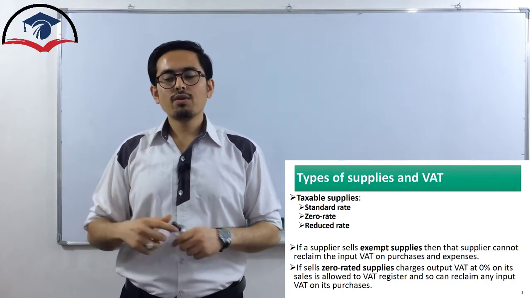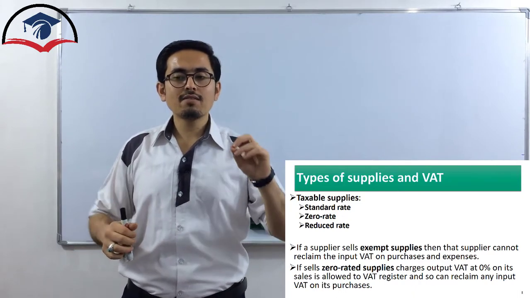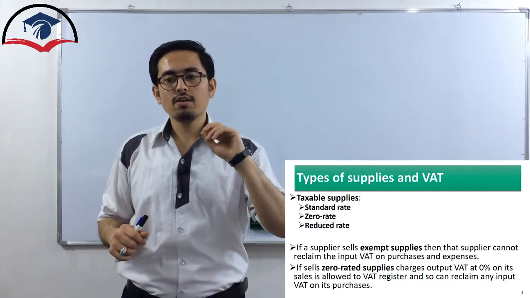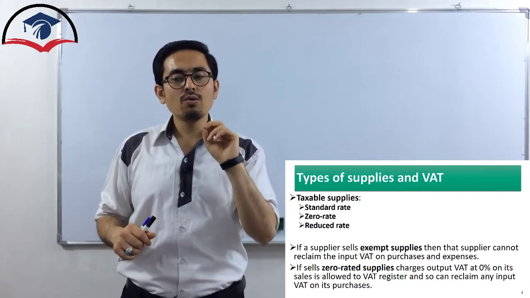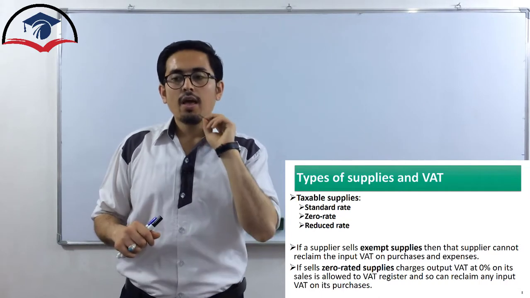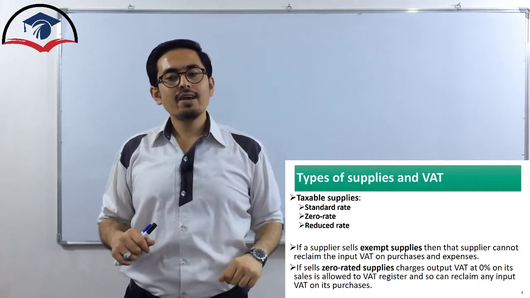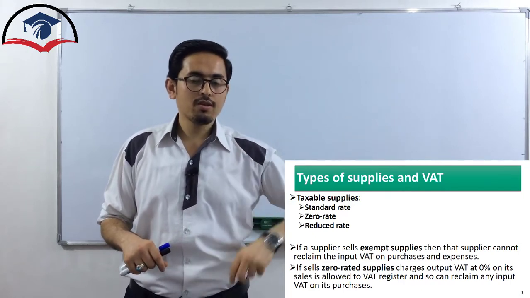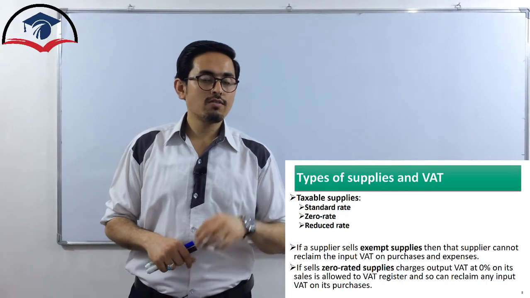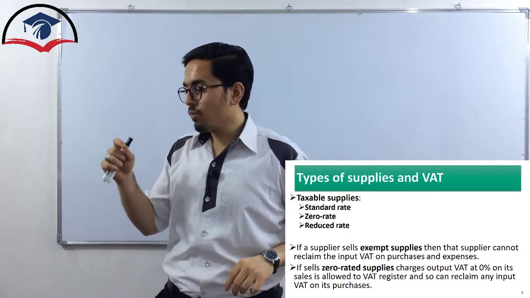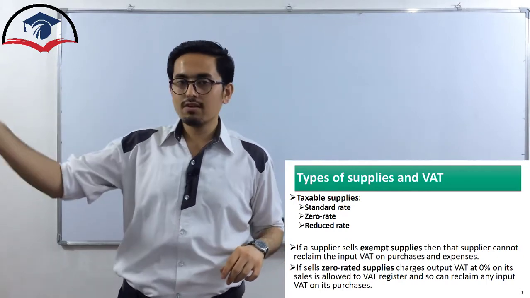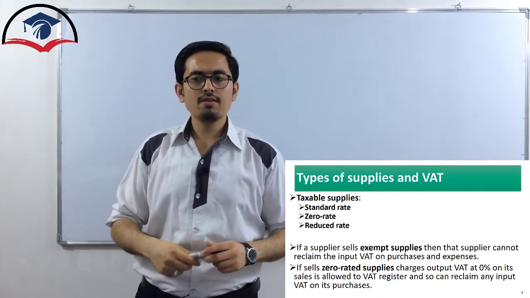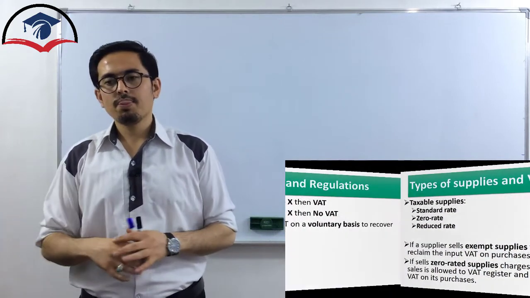But if a supplier sells zero rated supplies, it charges output VAT at 0% on its sales, is allowed to VAT register, and so can reclaim any input VAT on its purchases. Now the case here is that there is no output VAT charged, 0% there, but for whatever he has paid to the supplier, he can reclaim that from tax authorities. This is the exceptional case.